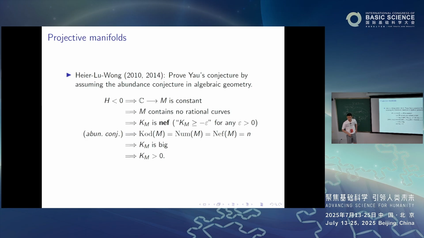But still, there is a caveat. Maybe in this step, because they use the abundance conjecture and they show these are equal, then this goes through. For Calabi-Yau with trivial canonical bundle, maybe that's not the case, because the dimensions in that case are probably not equal.